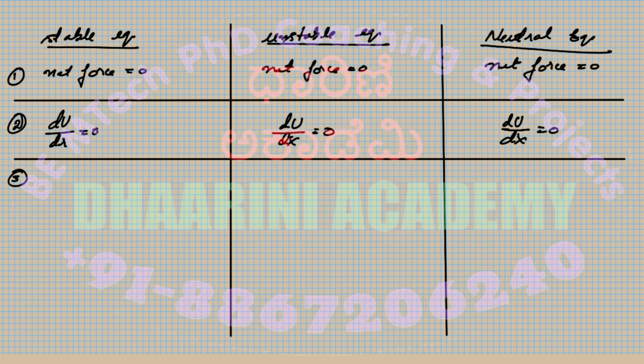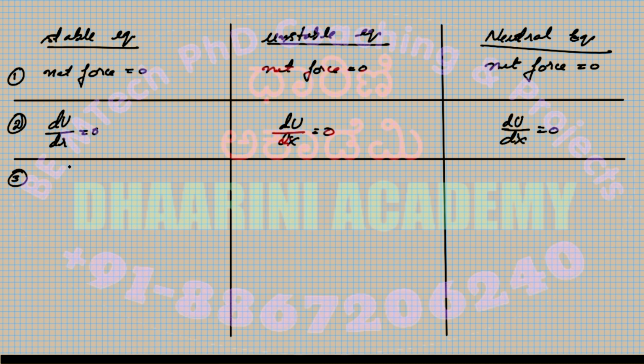When displaced from its equilibrium position, a net restoring force starts acting on the body, which has a tendency to bring the body back to the equilibrium position. You see that it will come back to equilibrium as quickly as possible. So that's the point that we are going to write under the stable equilibrium.